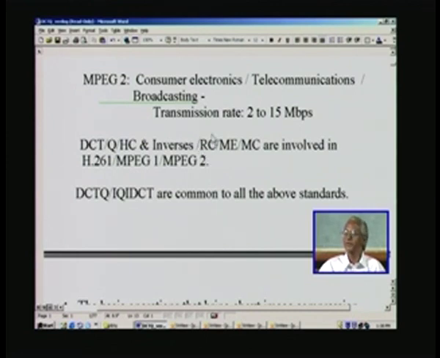What we are going to do is only DCTQ to start with, and IQ IDCT has also been done, but we are going to use only the end result because the design is quite involved, and we will have to restrict it, and even this goes to some 124,000 gates or so for DCTQ alone. And then comes what is called motion estimation and motion compensation.